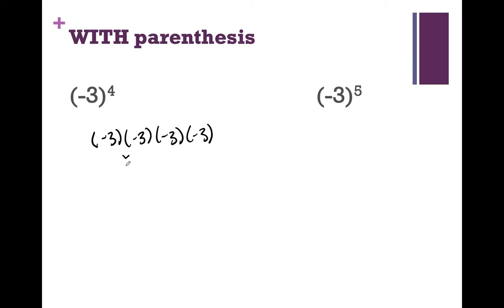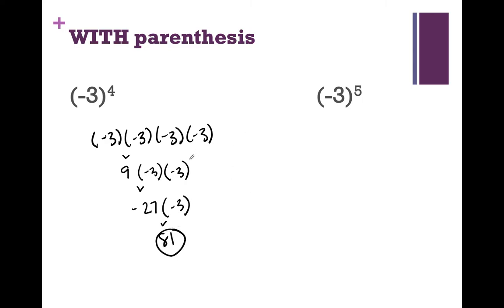So negative 3 times negative 3 is a positive 9. And then bring down the other 2 that we haven't used yet. 9 times negative 3 is negative 27. And then negative 27 times negative 3 is a positive 81.